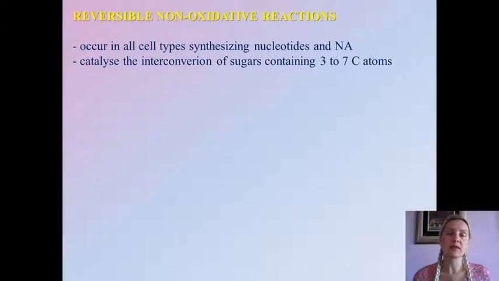After these reactions, the sequence of reversible non-oxidative reactions occurs. This non-oxidative part of the metabolic pathway occurs in all cell types synthesizing nucleotides or nucleic acids. This part of the pathway actually catalyzes the interconversion of different sugars, different monosaccharides containing 3 to 7 carbon atoms.